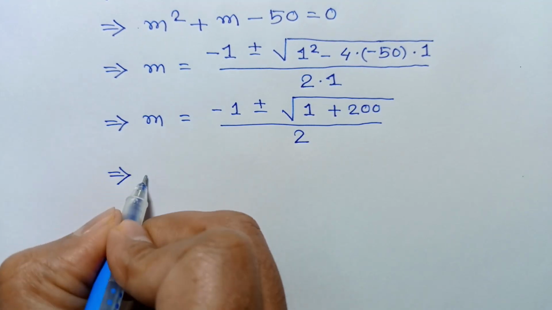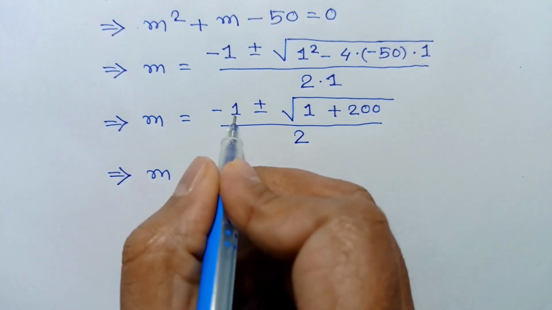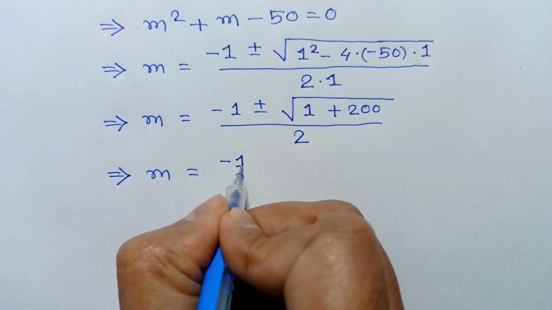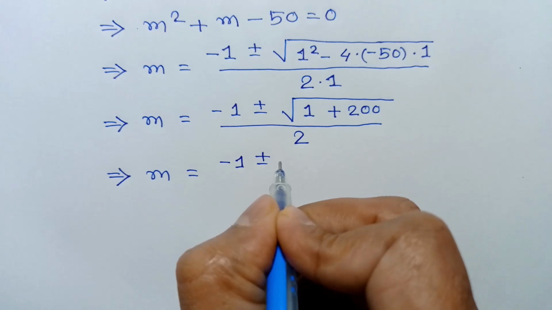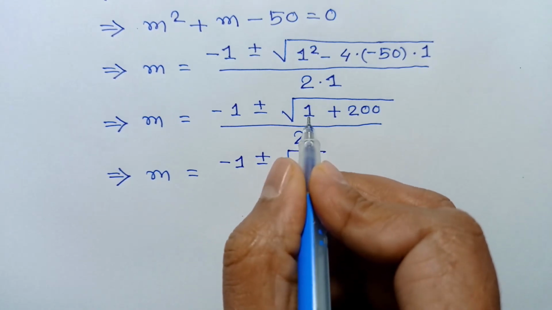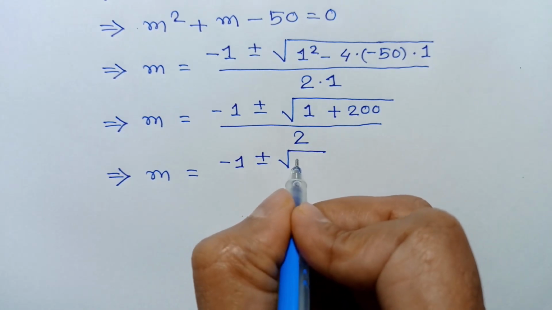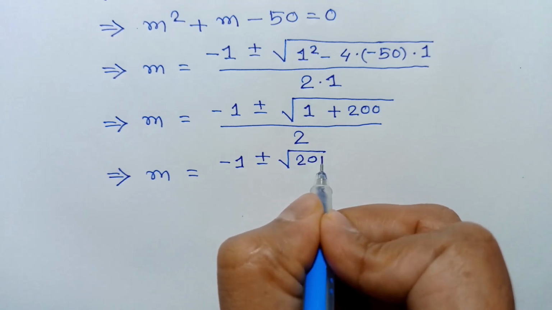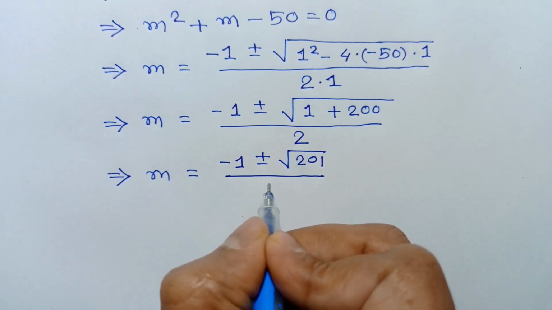So m is equal to negative 1 plus or minus square root of 1 plus 200, which is 201, over 2.